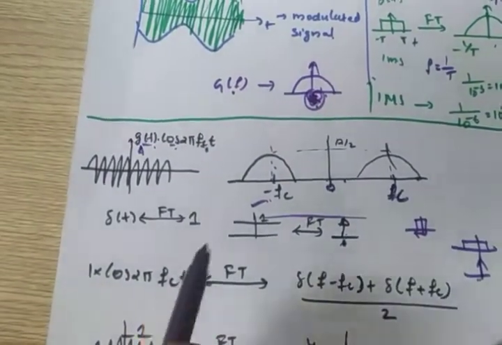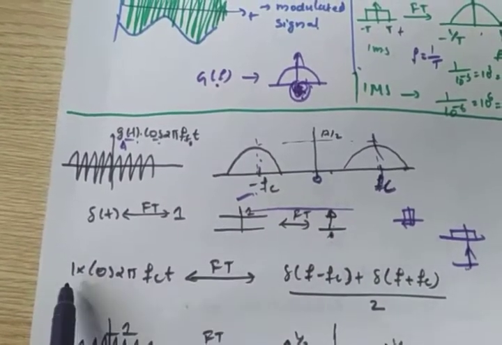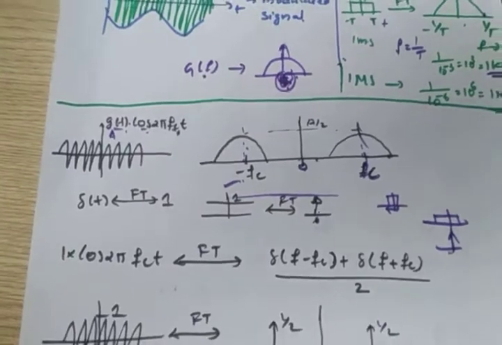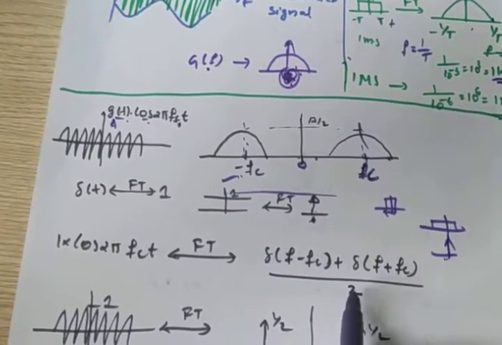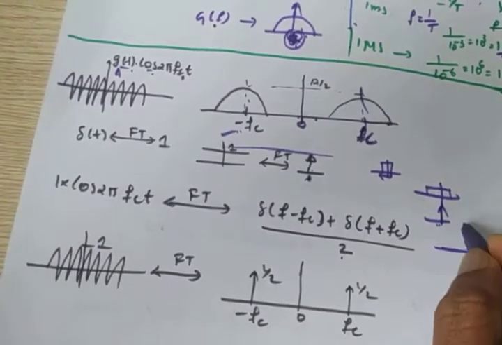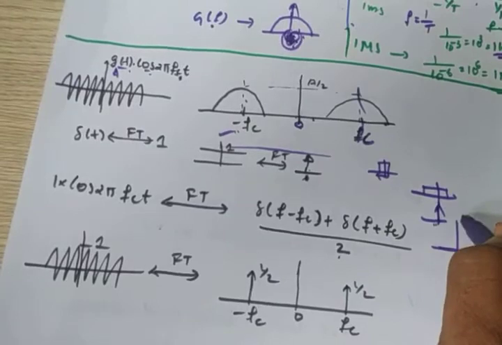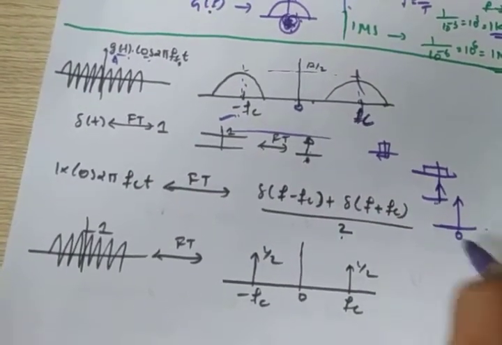Another property is 1 into cos 2π fc t. So this is our carrier. Here the message is 1. Okay, so how is it represented? δ(f − fc) plus δ(f + fc), by 2. How to represent δ? δ can be represented like this. Okay, this is δ, this is δ at 0.